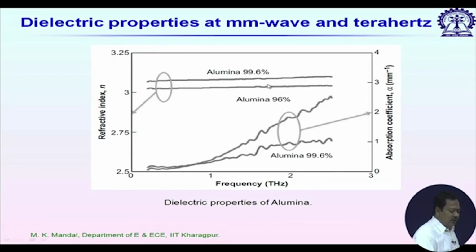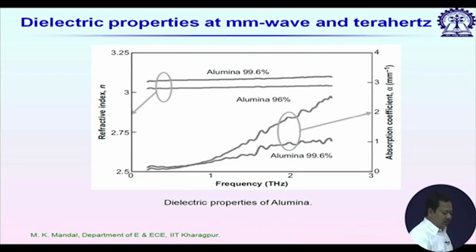If I look at the epsilon r values, it is more or less constant over this frequency range, and the absorption coefficient, which actually represents the loss tangent, increases, but not that badly, particularly if I consider below 1 terahertz. That is why alumina is a very popular substrate at millimeter wave frequencies.